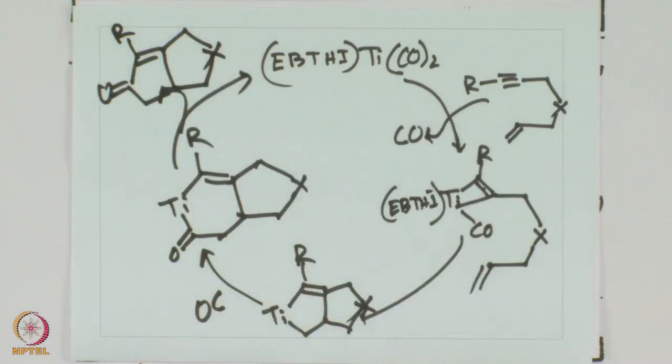So, in this mechanism what we have seen so far, the titanium reagent is interacting with the alkyne first to form the titanocyclopropene intermediate. Of course, the chiral ligand is attached with the titanium, and then this intermediate interacts with the olefin and cyclization occurs.